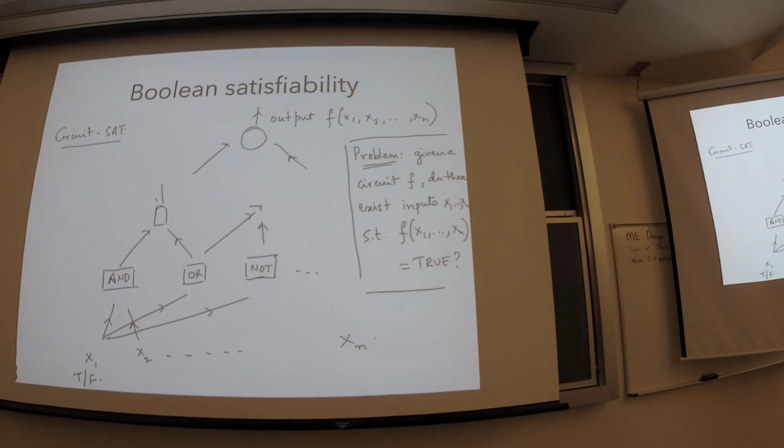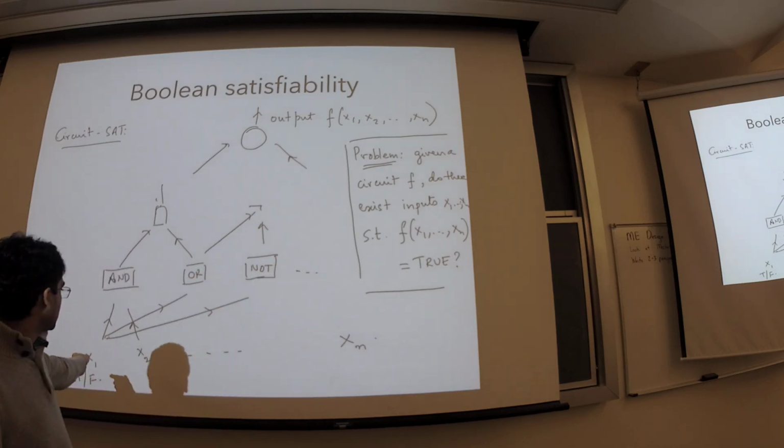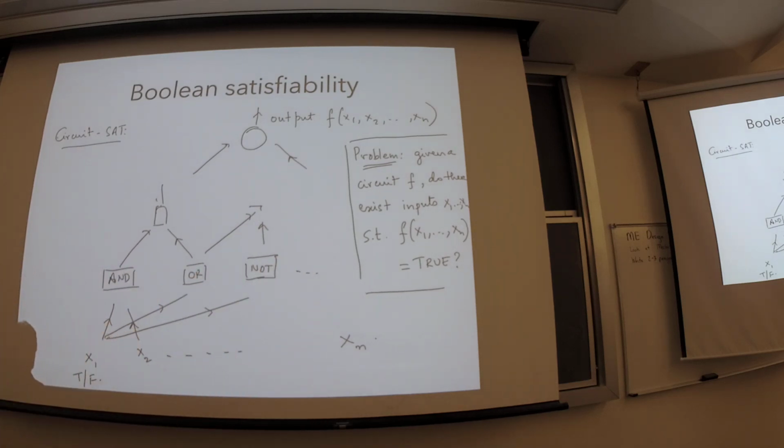So the circuit is the input, and you are supposed to tell if there exist x1 through xn such that the output f is true. Okay, so that is the problem.